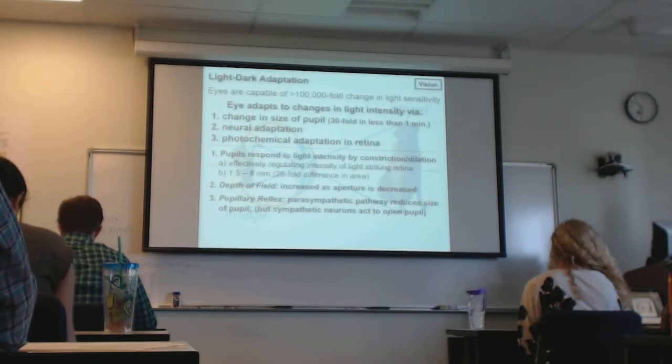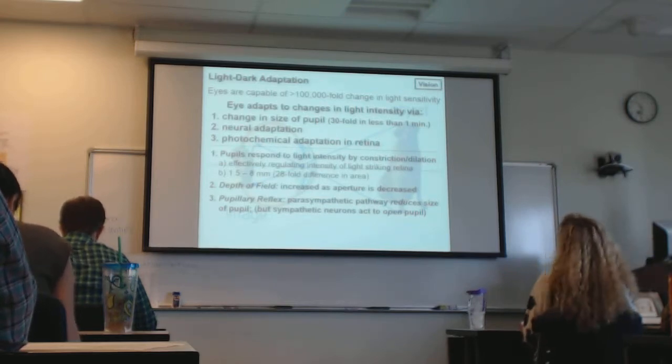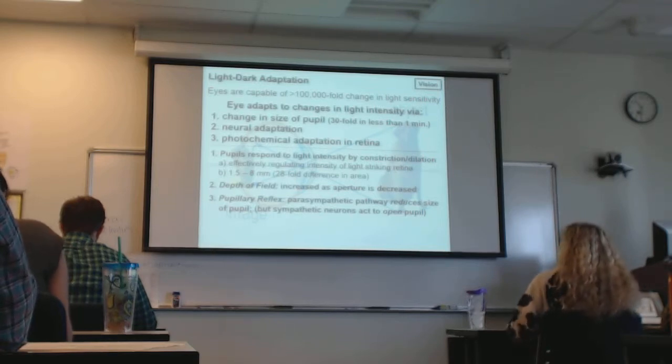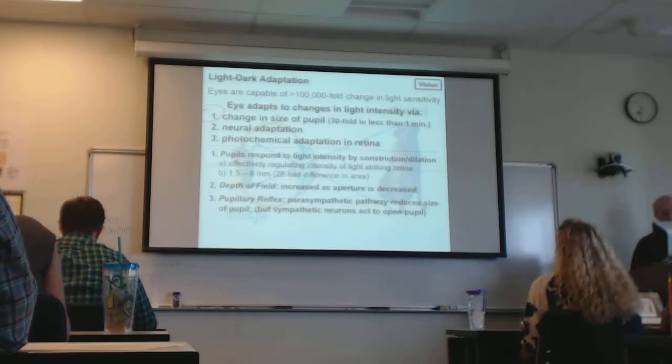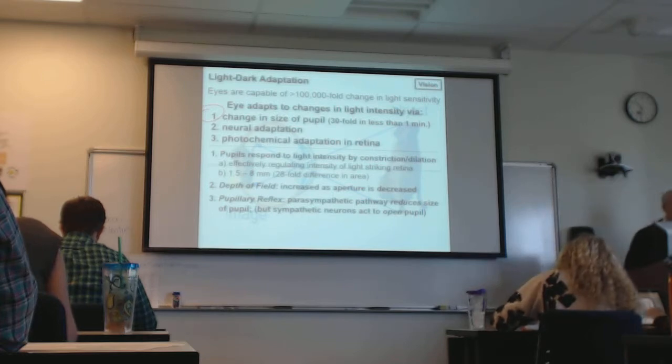So with respect to photo adaptation or light-dark adaptation, this is just a little summary that I would provide, although it's actually more complicated than that. The pupillary reflex that we just talked about would be one mechanism of light-dark adaptation. This is very rapid and is purely mediated by the parasympathetic nervous system.